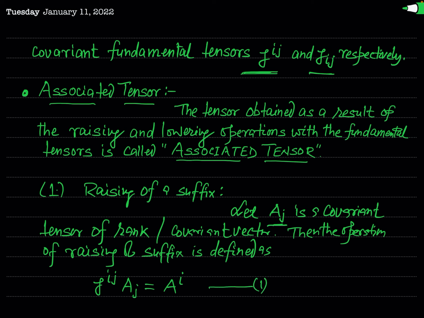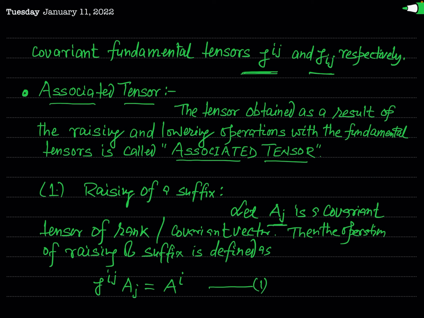Let us say this equation 1. Just as a technique, let us see here. Since j is once as a superscript and once as a subscript, when you take the inner product of this A sub j with the G super ij, you have to drop this j and you simply get A super i.